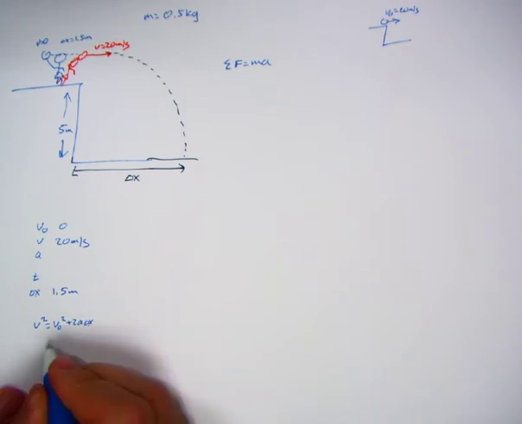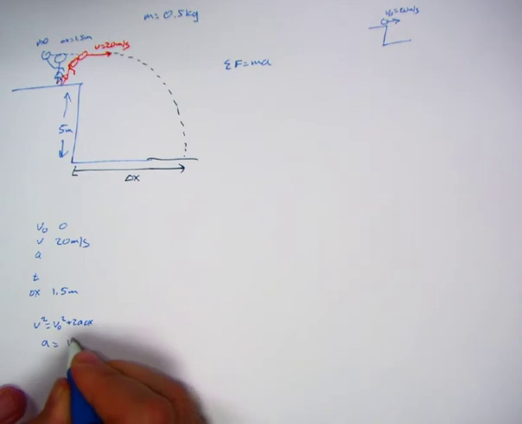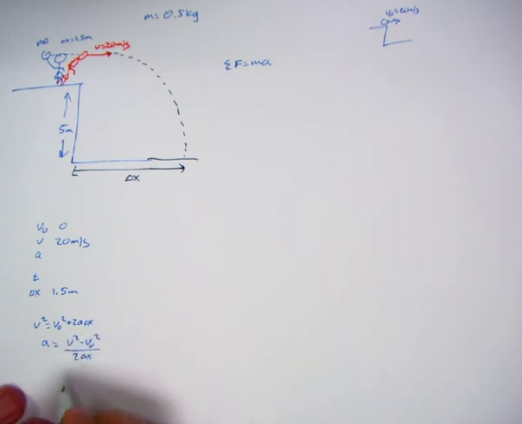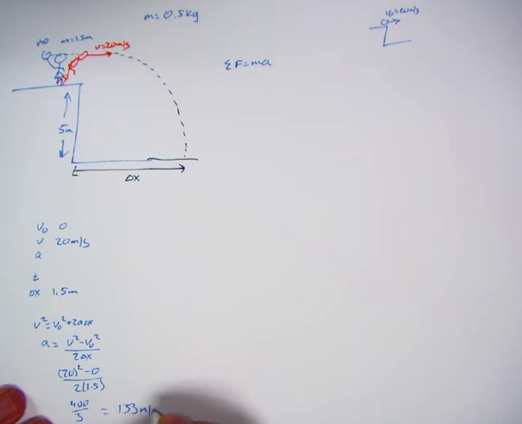So the acceleration is v squared minus v0 squared over 2 delta x. It's going to be 20 squared minus 0 over 2 times 1.5, or 400 over 3, or 133 meters per second squared.